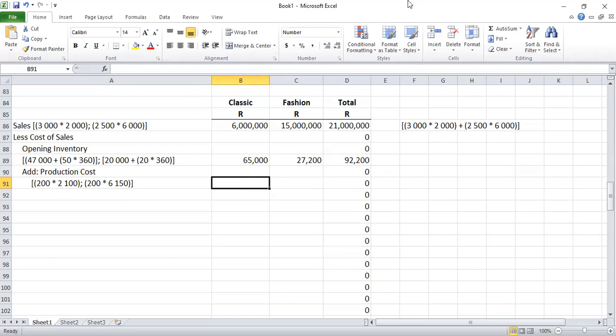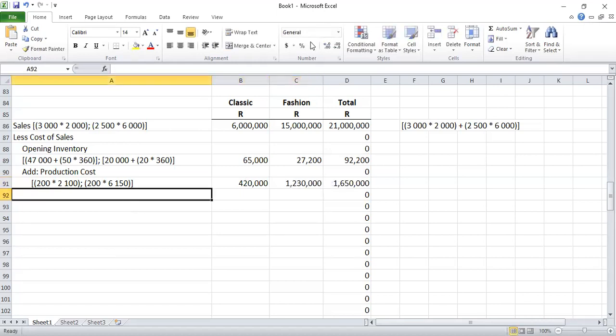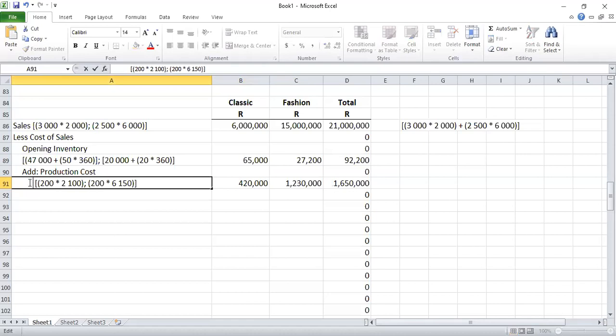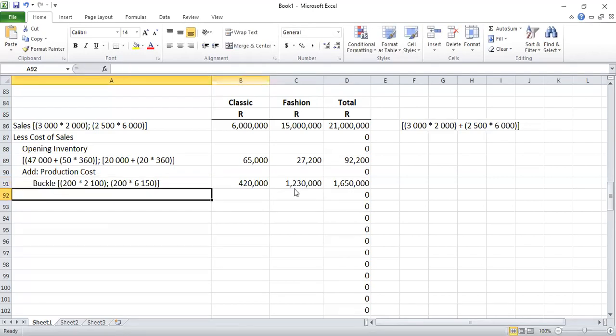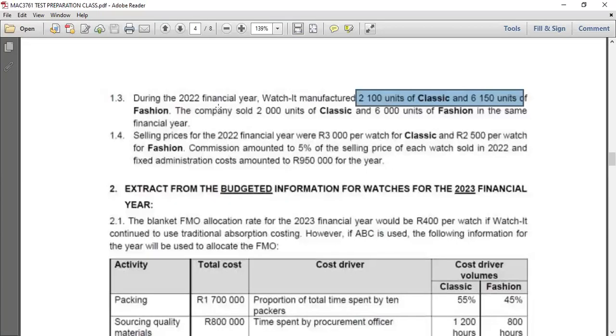What do we get? 420 and 1,230. Right. Sorry, I didn't write something here. This is the buckle.